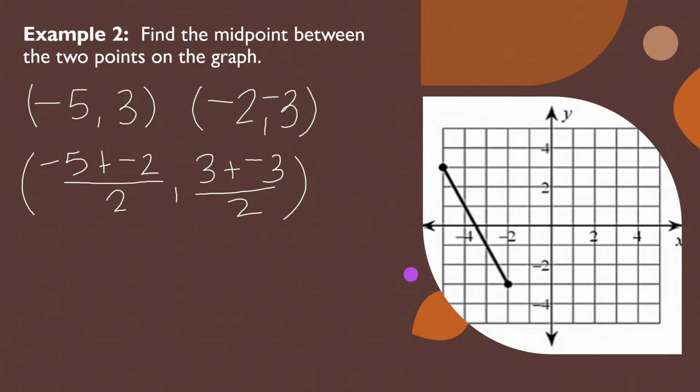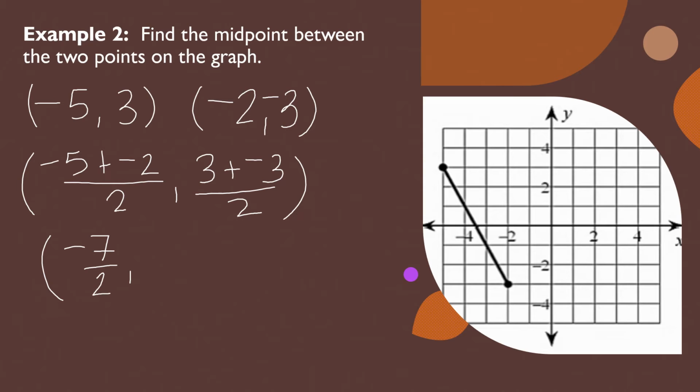Now keep in mind, when you divide by 2, you could potentially get a fraction or decimal answer because not everything divides evenly. So don't panic if you do. I'm fine with you either changing it to a decimal or keeping it as a fraction. So in this first one, when we add negative 5 and negative 2, we get negative 7 over 2.